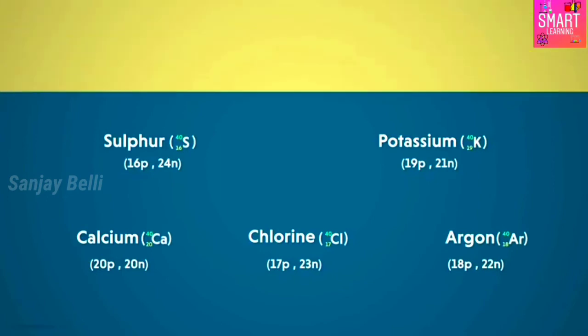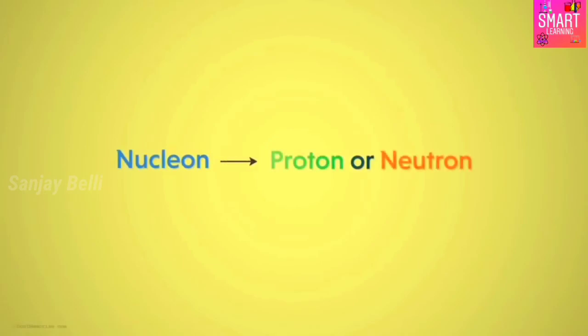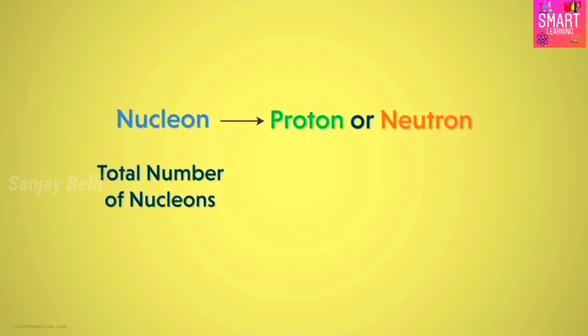What do you mean by nucleon? A nucleon is a proton or a neutron. Yes, each thing present in the nucleus is a nucleon. So the total number of nucleons present in an atom is the sum of protons and neutrons.